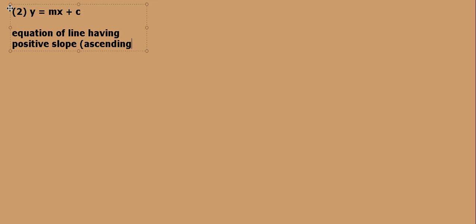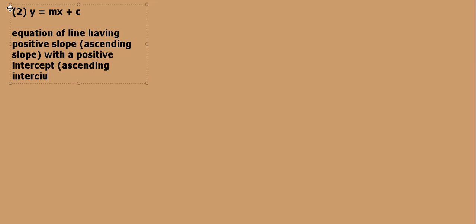It means increment is happening, ascending slope, with a positive intercept, right? Positive intercept or simply ascending intercept, right? So this is the idea.